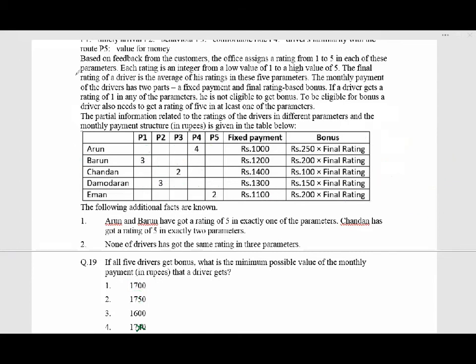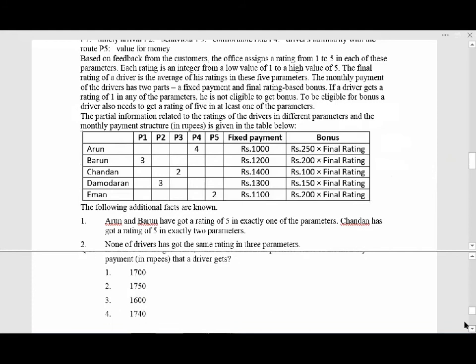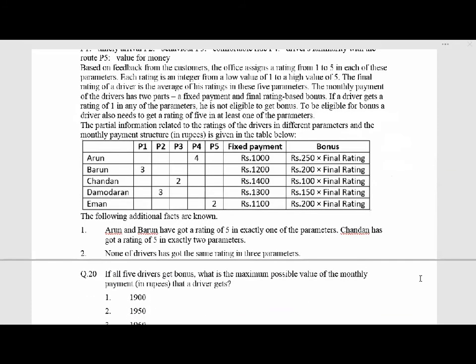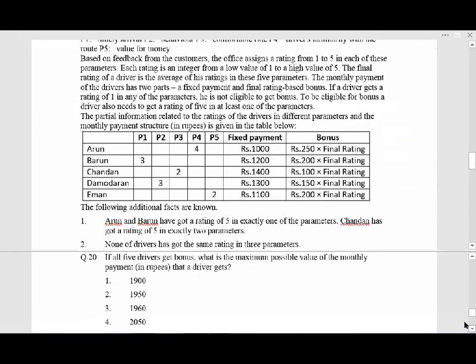Next question is just on the reverse concept. If all 5 drivers get bonus, then what is the maximum possible value of monthly payment that a driver gets? Now we have to maximize. Arun, 5 in exactly 1 parameter, so give him 5. 1 more 4, 3 and 3.